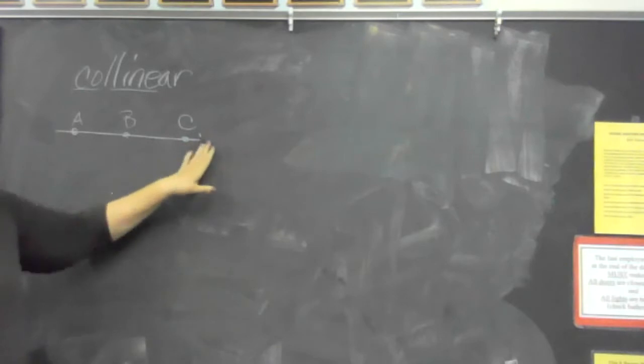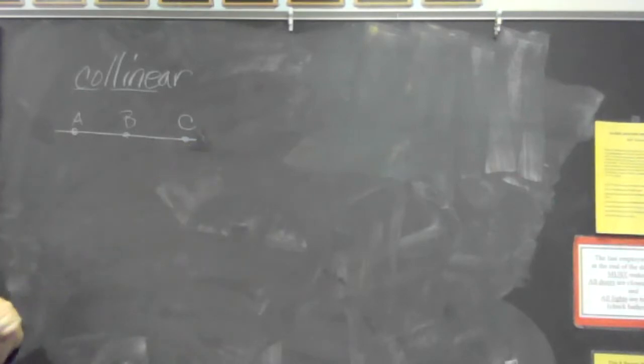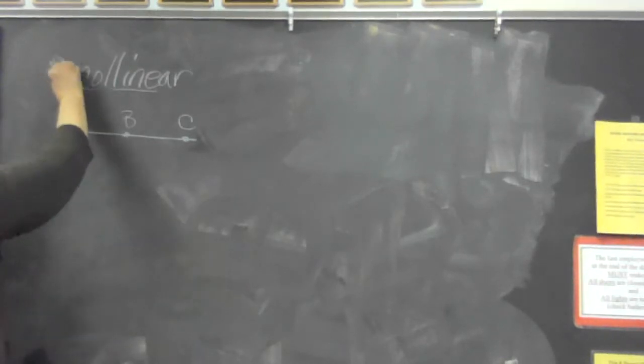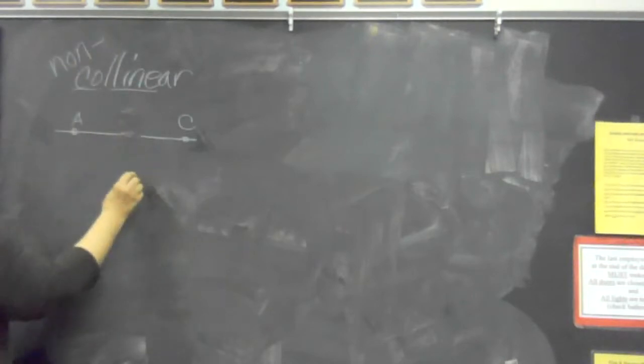Points can be collinear even on a segment. They're still collinear, which means if we have non-collinear, that means they're not all on the same line. They're non-collinear, okay?